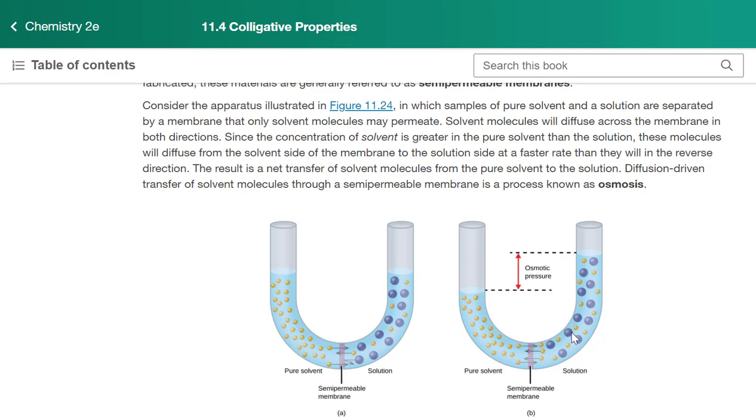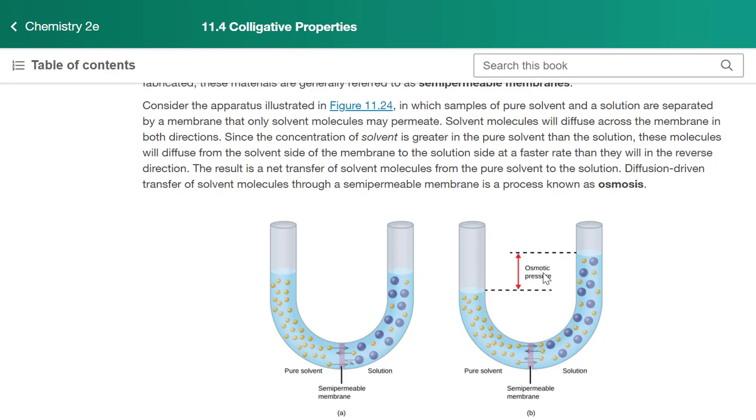That's what it tries to do. Because this one is more concentrated, we add more solvent to this side to try to dilute it down a little bit. In this case it never will be exactly the same because this one is pure, so we can't dilute something down to being a pure solvent. But it will keep going until we reach something called the osmotic pressure.